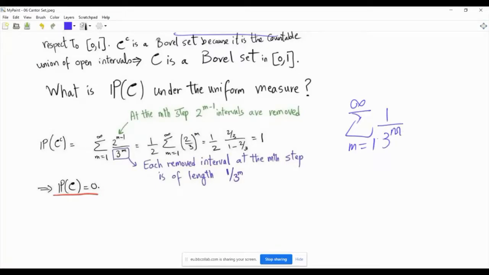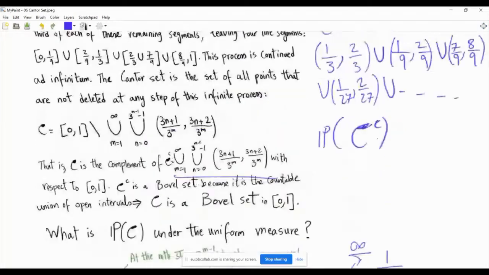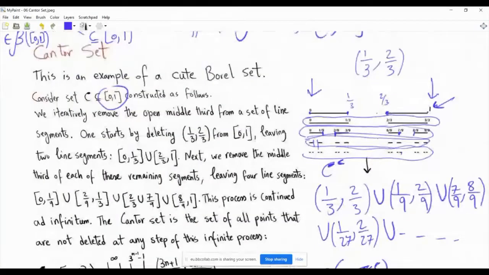Okay, so let's explain this first. Let's see the length of the intervals that we remove in our construction of the Cantor set. At the first step of construction, we remove this open interval from 1/3 to 2/3. And what is the probability of this interval? You remember, uniform measure, the interval takes the probability that is basically equal to the length. So the length is 1/3.